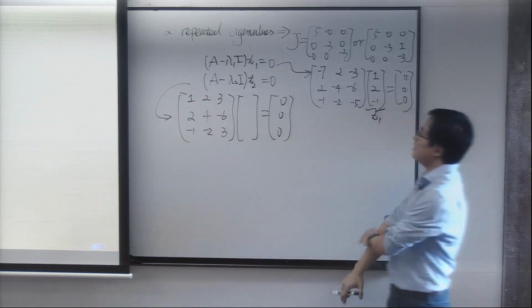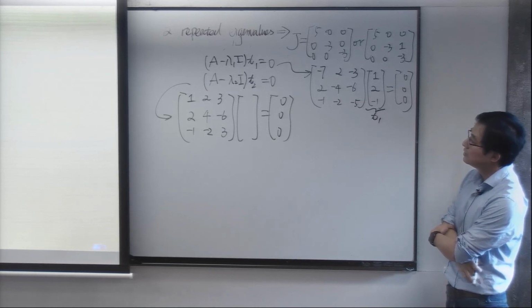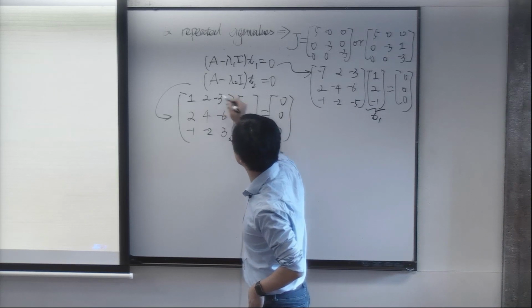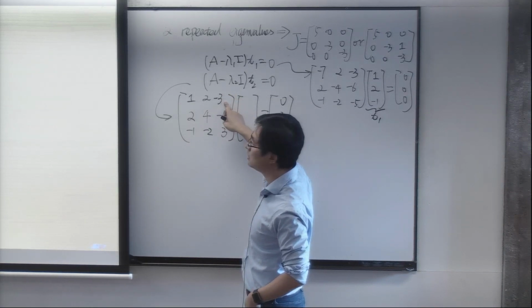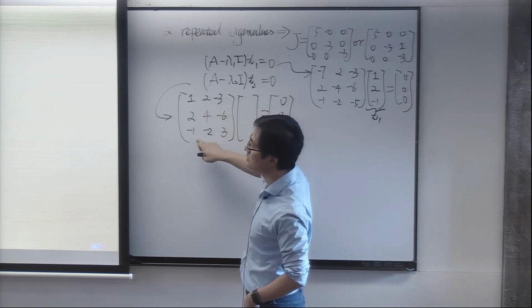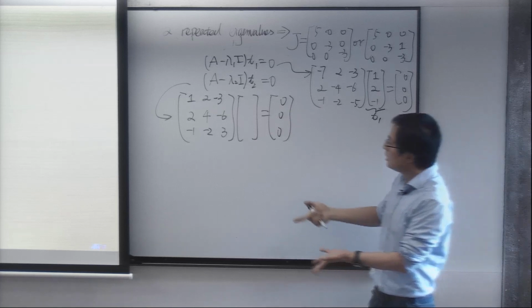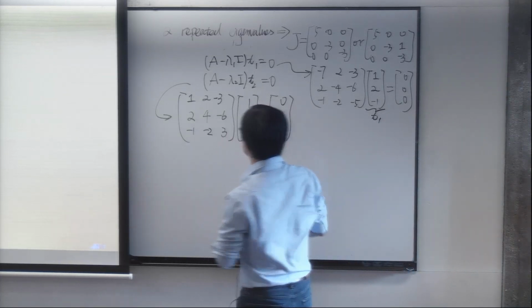So what kind of T2 can we get from here? Column 2 is twice column 1. Let me double check, did I make any typos? This seems to be 1 minus 1. Right, so it's easy enough.